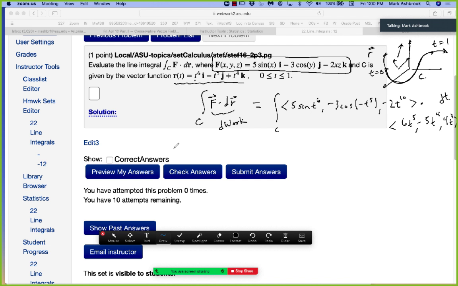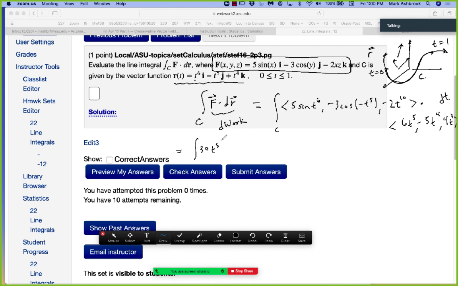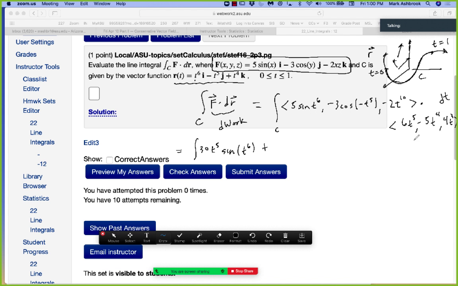And now we're going to execute the dot product, which will be 30t to the 5th sine t to the 6th, plus 15t to the 4th cosine negative t to the 5th, plus negative 8t to the 13th.